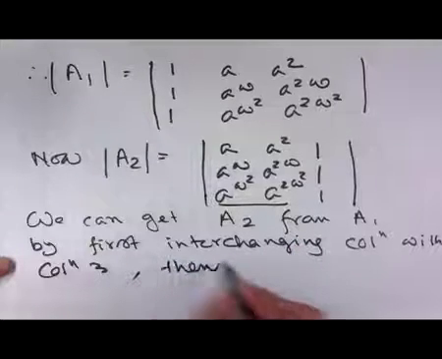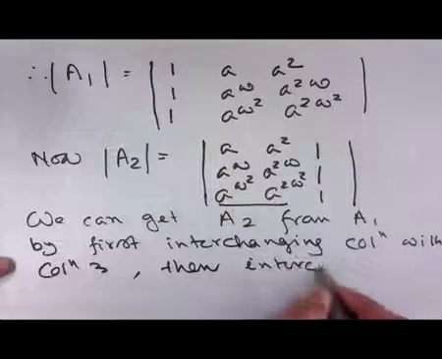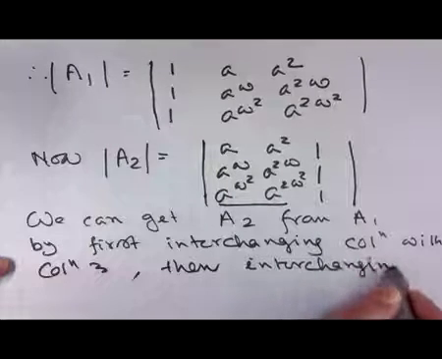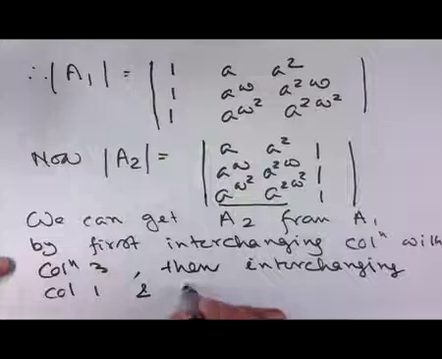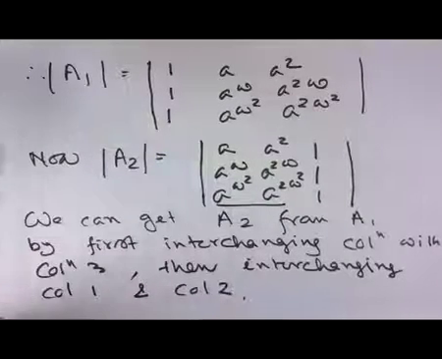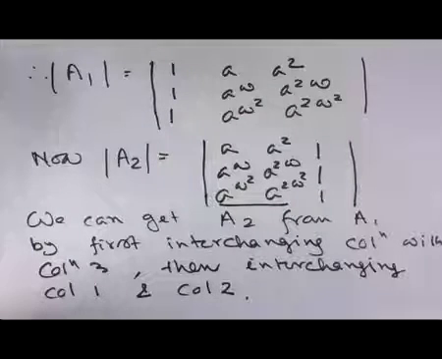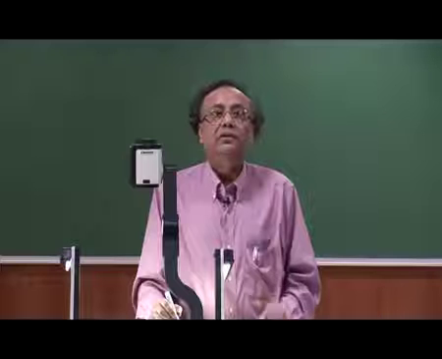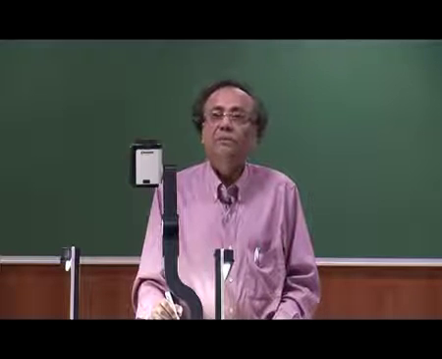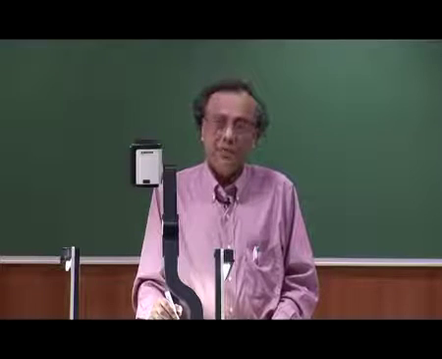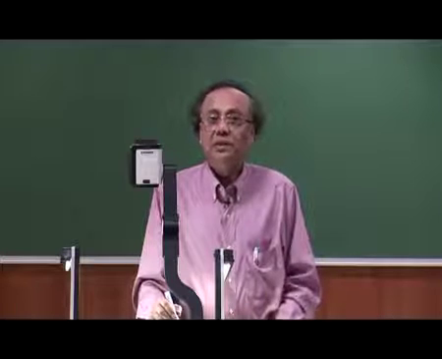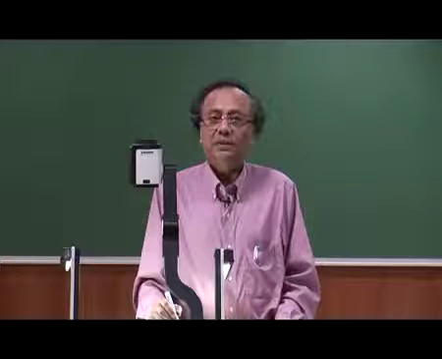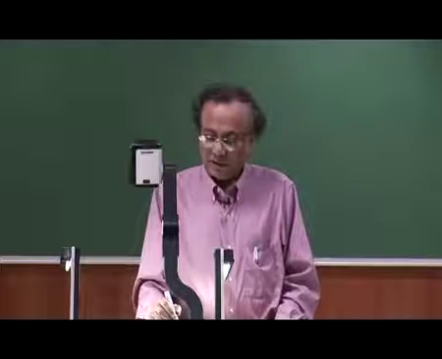Then interchanging column 1 and column 2. We know that if we interchange two columns or two rows, then the determinant remains the same in the absolute value, but its sign changes. Therefore, with each interchange there is a change of sign from plus to minus.